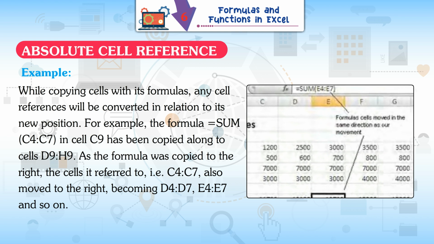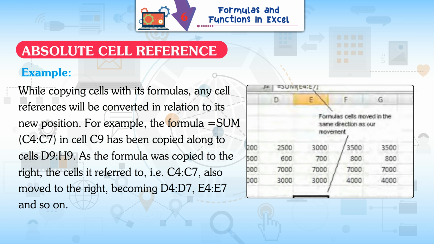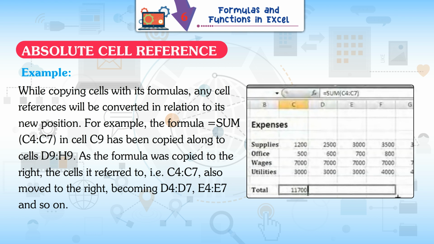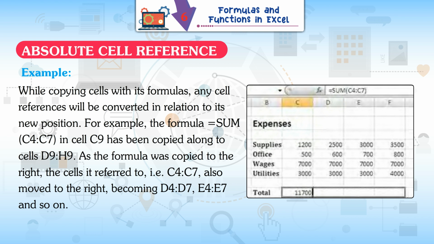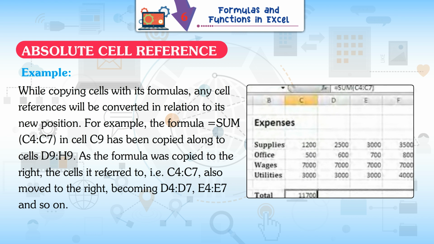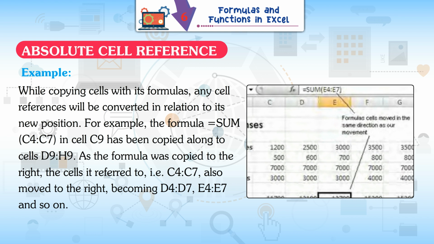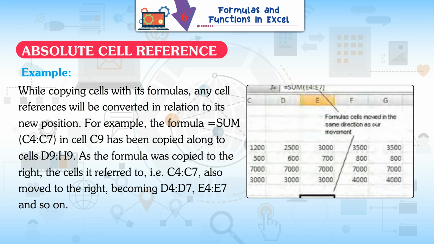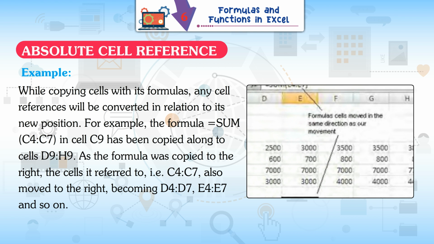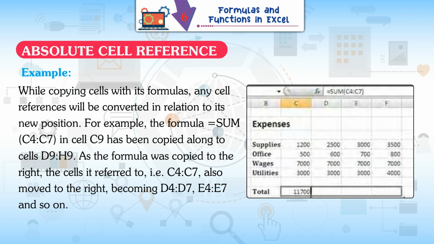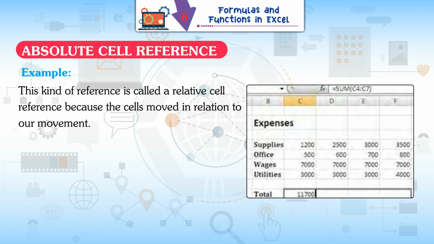For example, the formula =SUM(C4:C7) in cell C9 has been copied along to cells D9:H9. As the formula was copied to the right, the cells it referred to, that is C4:C7, also moved to the right, becoming D4:D7, E4:E7, and so on.